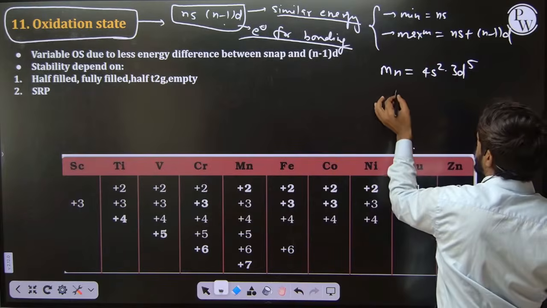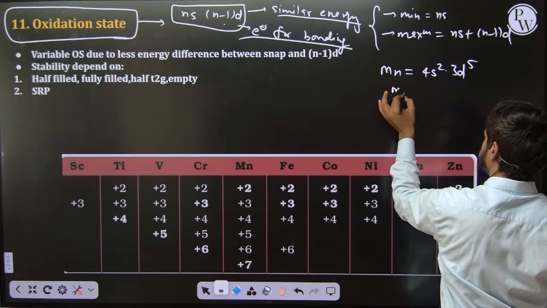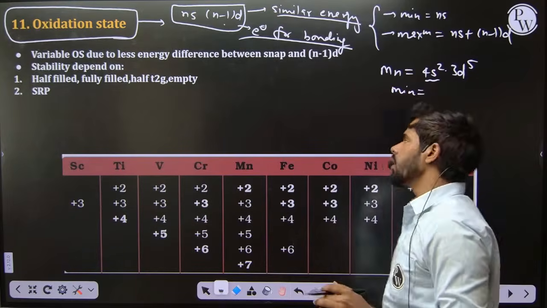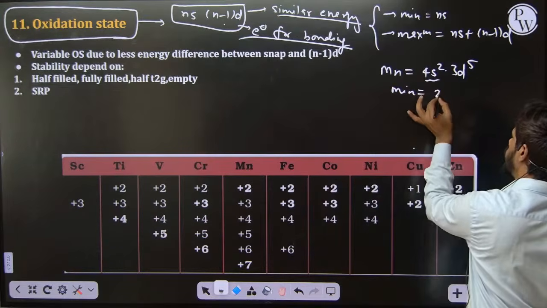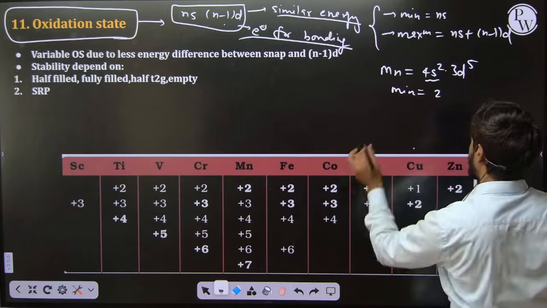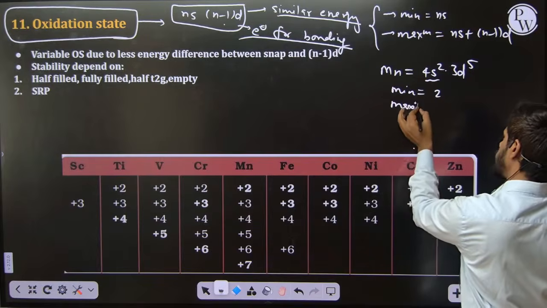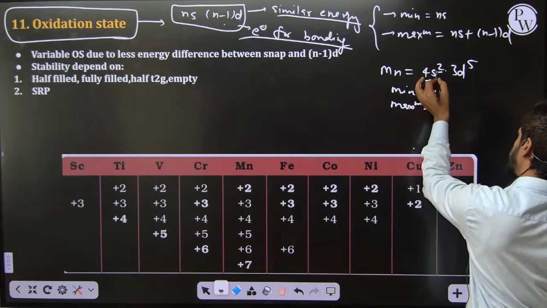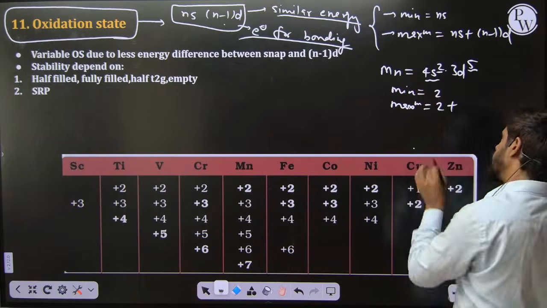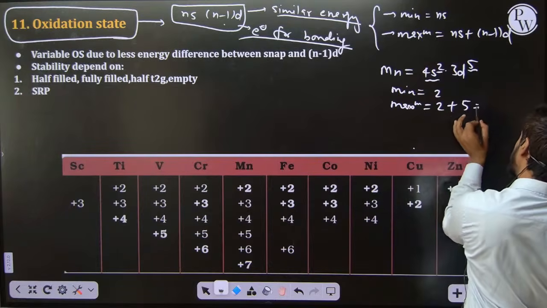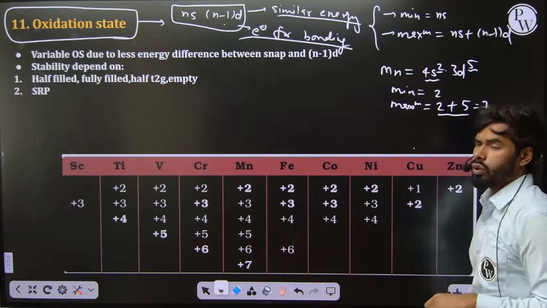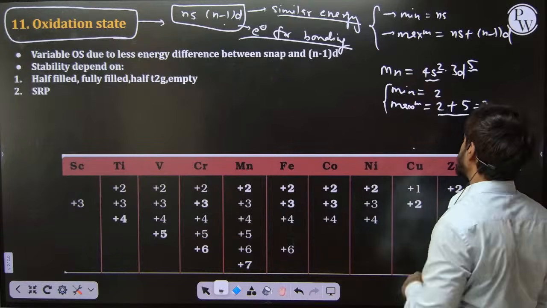So for the minimum oxidation state, it is the ns electrons, meaning the last shell electrons, which are 2. The maximum is the ns electrons, which are 2, plus the (n-1)d electrons, which are 5. Since they have similar energy, both sets, that is 7 electrons, can be used. So the minimum is plus 2 and the maximum is plus 7.